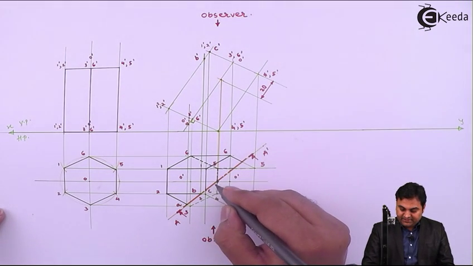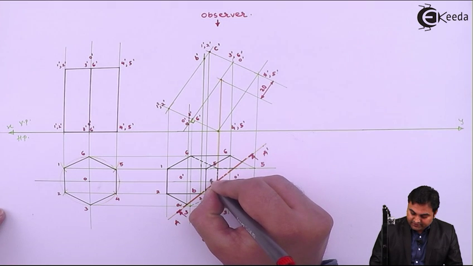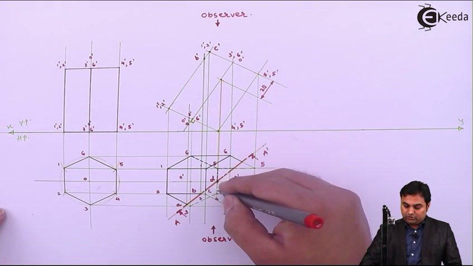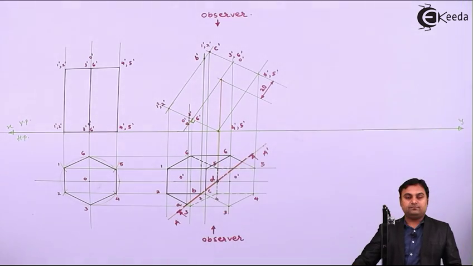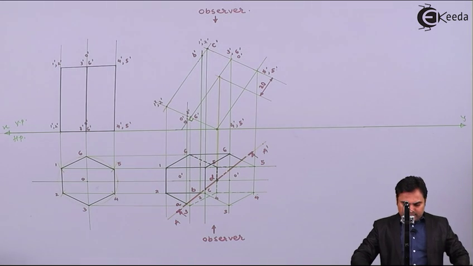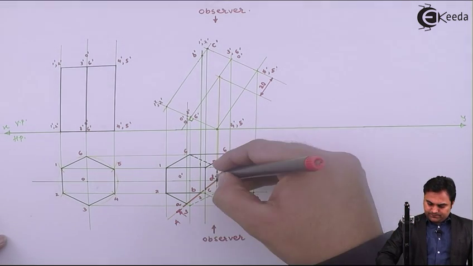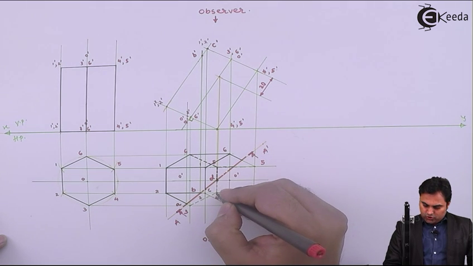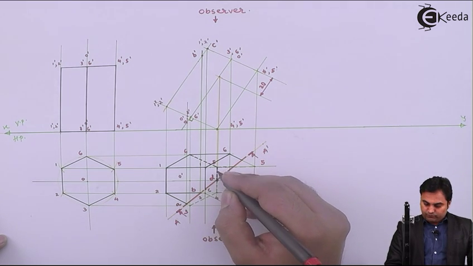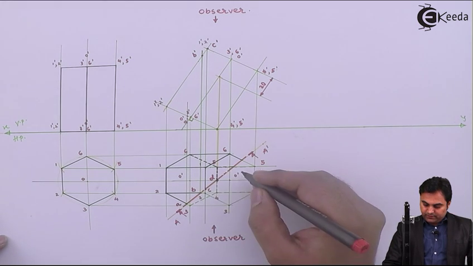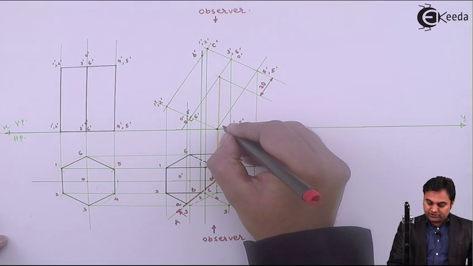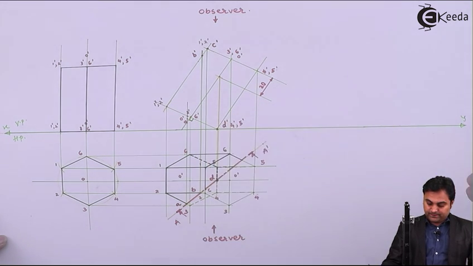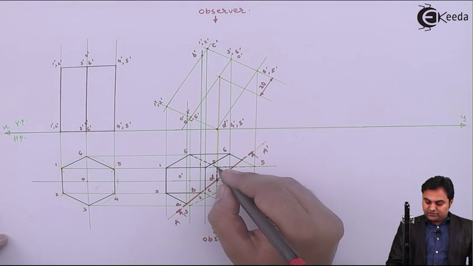Next, where it is cutting the edge 4 5, I'll call that point D, and this is also on the same line where we are getting 4 and 5. Now after getting point D, which is on this line 4 to 5, and 4 to 5 is for the bottom hexagon, so point D will be at this location, and that will give me D dash. Then point E is on this edge 5 5, where the cutting plane is cutting this edge.